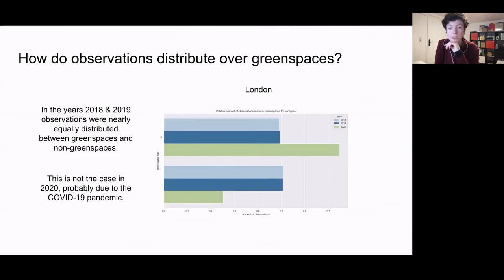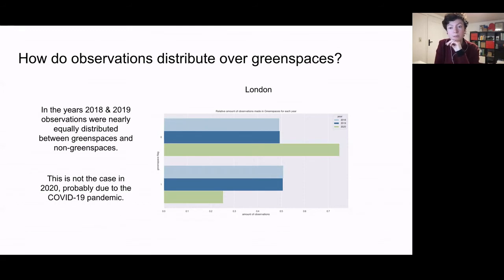But in 2020, the green bar, you can see that most of the observations were made in non-green spaces, which may be due to the COVID-19 pandemic, because parks were closed because of the restrictions, and people were not able to travel that far, so maybe not able to travel to forests that lie farther away from the city. So this is one thing you can see.